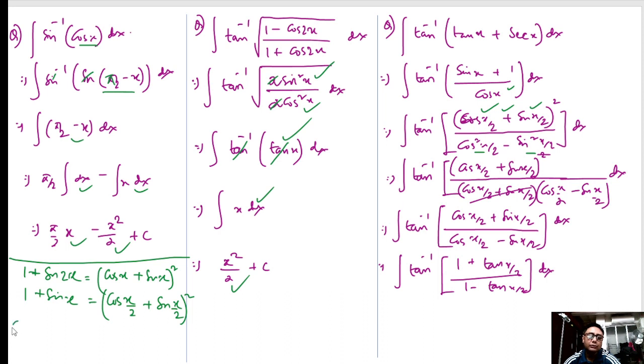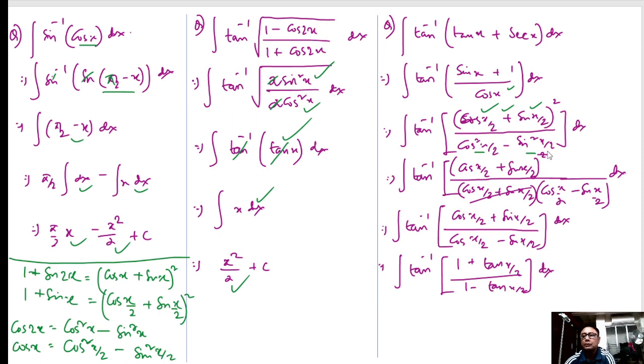Similarly, cos 2x is cos square x minus sin square x. So cos x will be what? Cos square x by 2 minus sin square x by 2, that I have written.